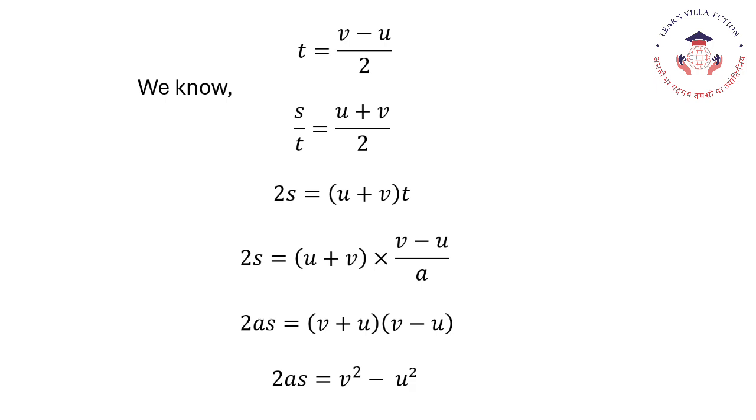Now we get 2s = (u + v) multiplied by t. Then 2s = (u + v) multiplied by (v - u)/a. We get 2as = (v + u)(v - u). Then 2as = v² - u².